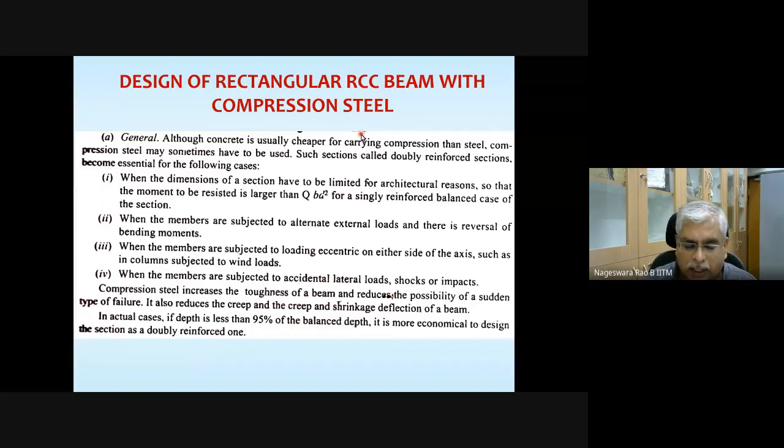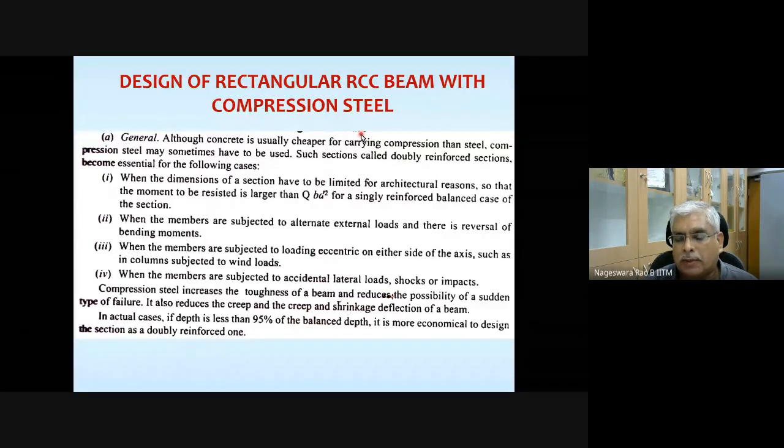Please note that we know the moment this beam has to withstand, or the targeted moment carrying capacity of the beam.